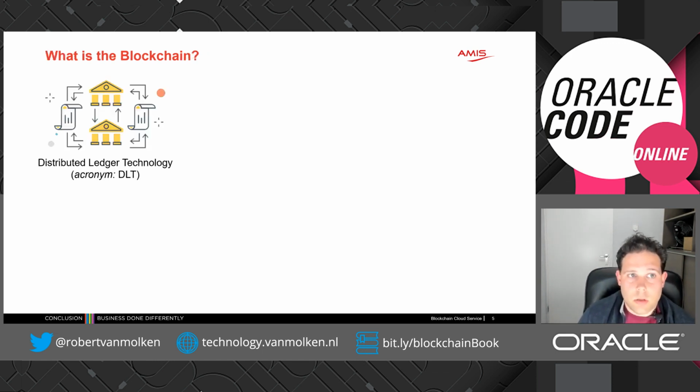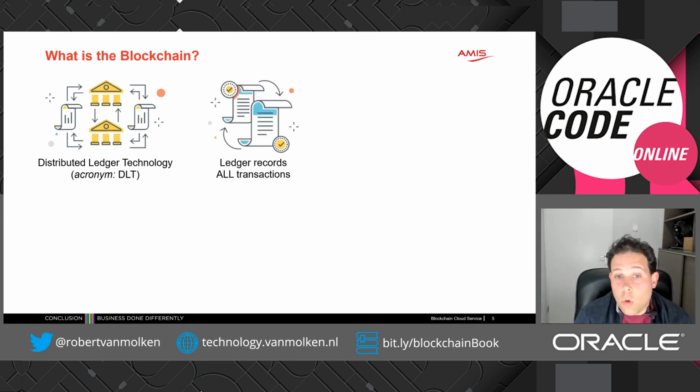So let's start. What's a blockchain? A blockchain is also called a distributed ledger technology, or DLT in short. It's a digital system for recording transactions of assets in a list that can be replicated across available nodes in a network, and it does that redundantly, rather than being stored in a central data store like a traditional database.